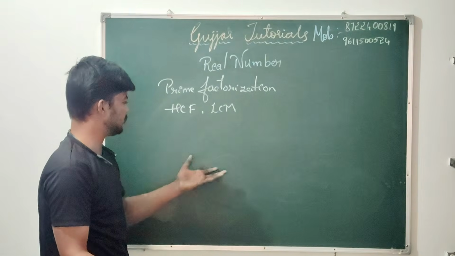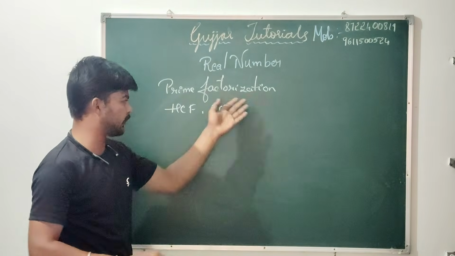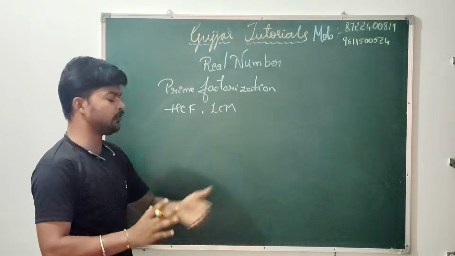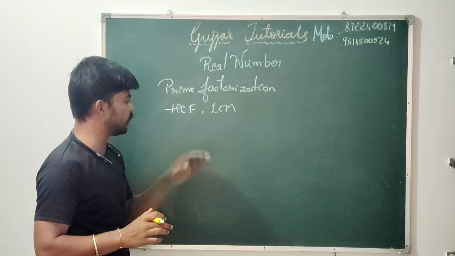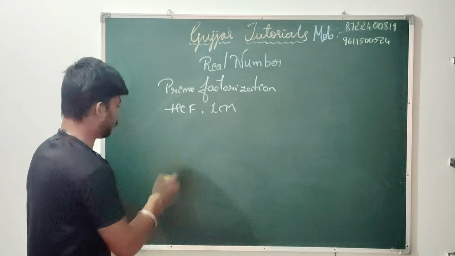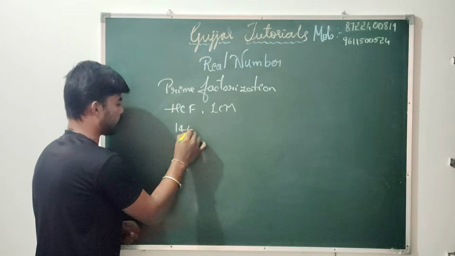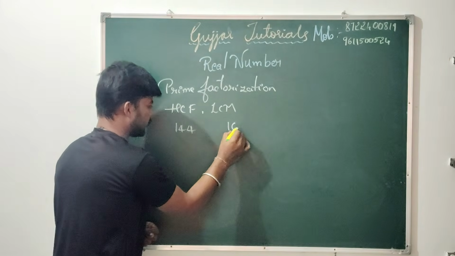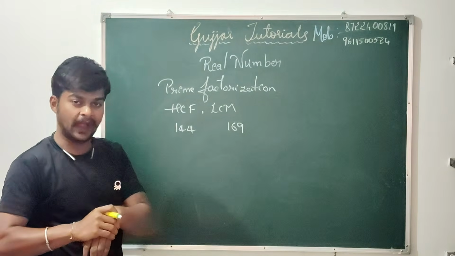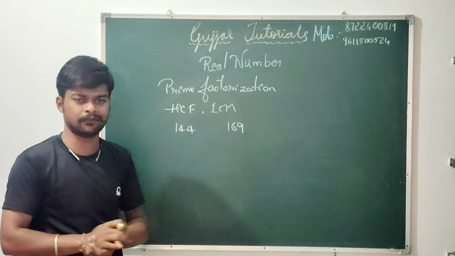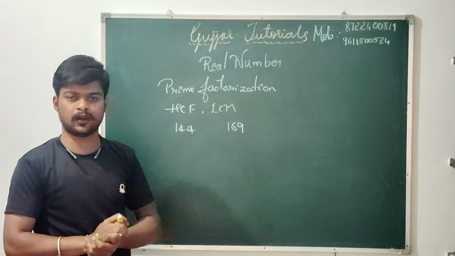We'll take one example for prime factorization, and for the same example we'll find the HCF and LCM. When we are solving the question, at that time we'll study in detail. If they give: solve 144 and 169 by the prime factorization method and find the HCF and LCM of the numbers. So how to solve this one?